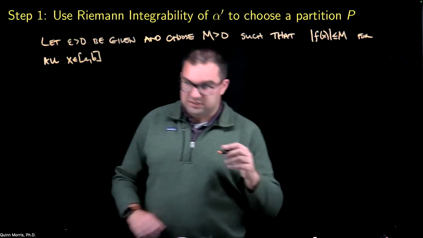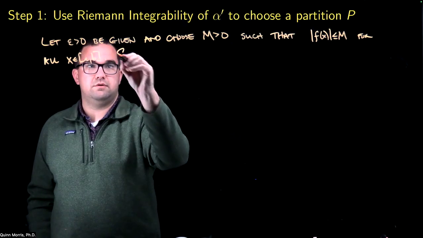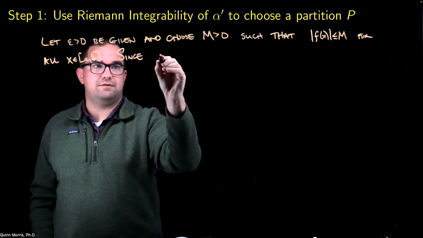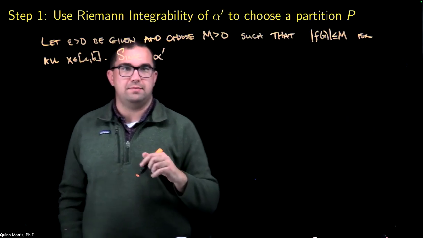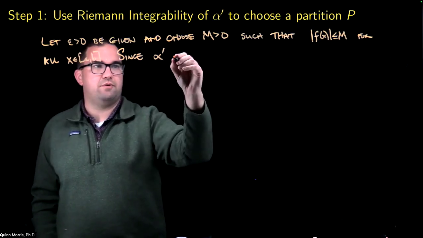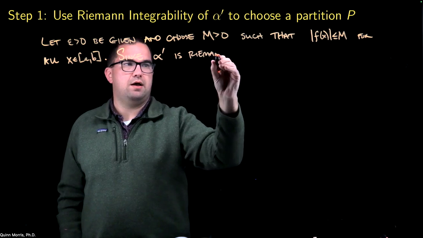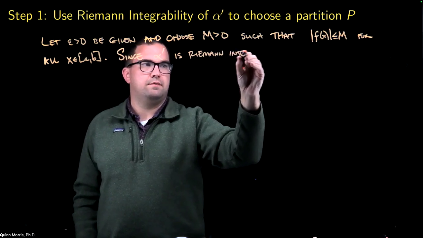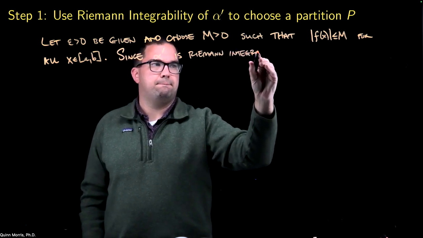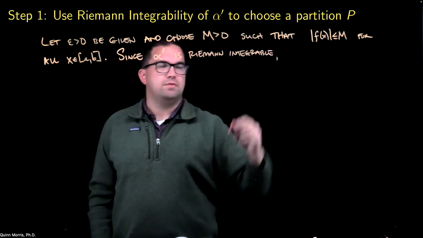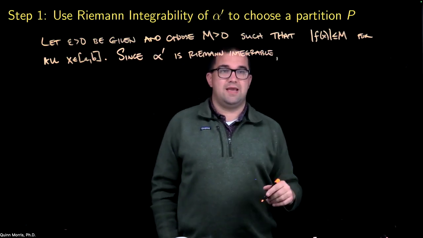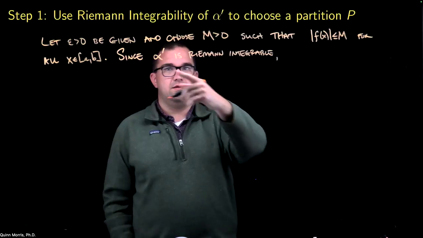Okay. Now we want to use the fact that alpha prime is Riemann integrable. So since alpha prime is Riemann integrable, I want to use that alternate characterization of integrability.